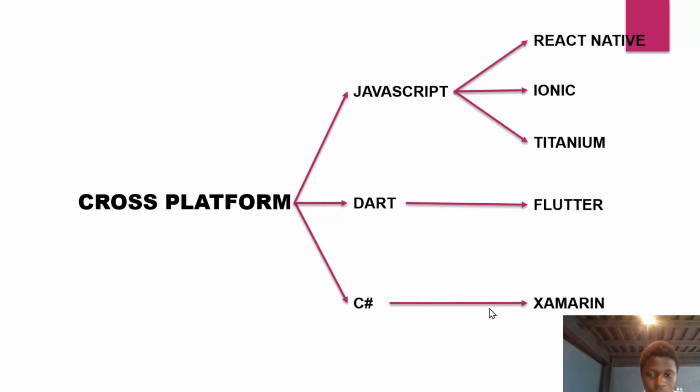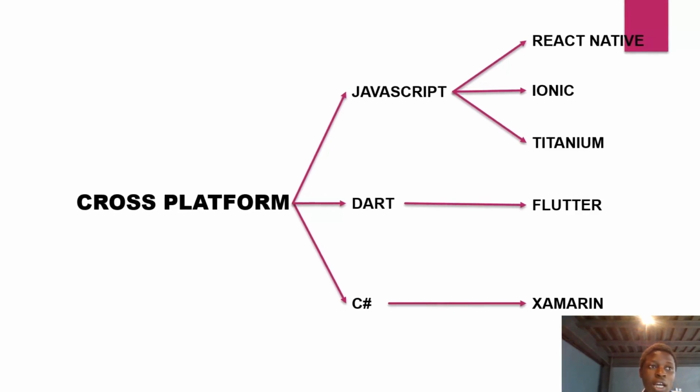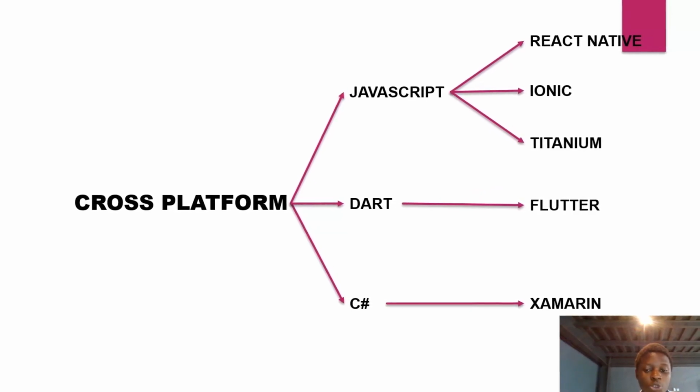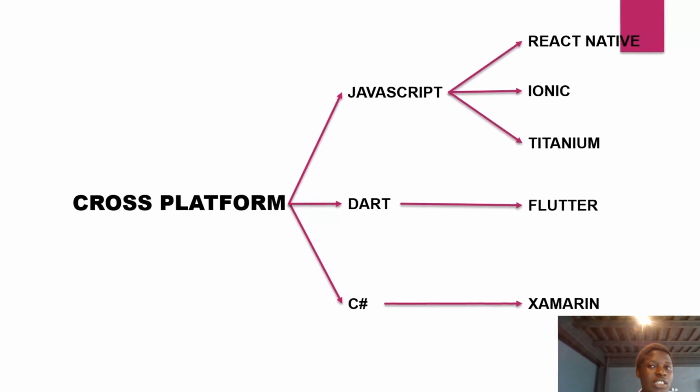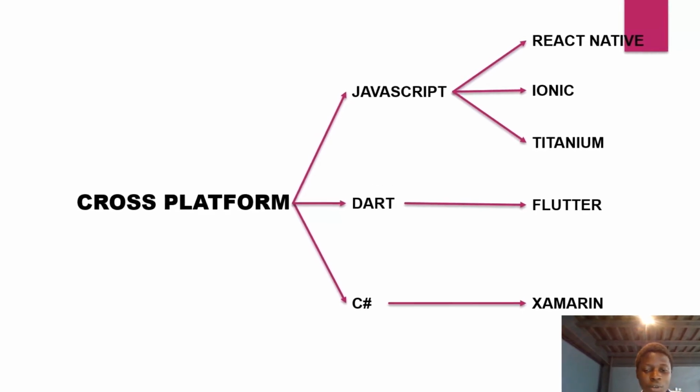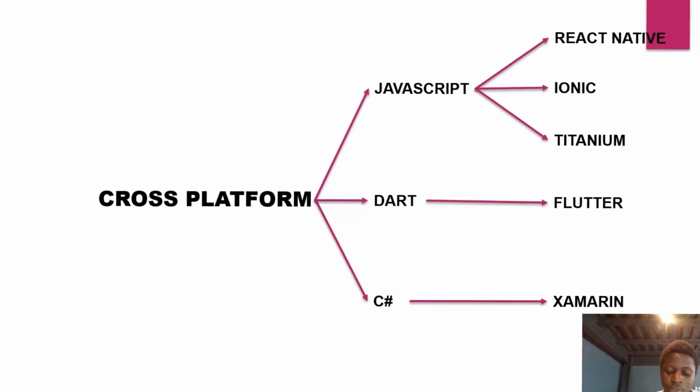C Sharp is owned by Microsoft, and C Sharp is mostly used for writing bank application backends. If you want to go into writing backend applications for banks, then C Sharp is one of the languages you make use of, but inside of it there's a framework for building mobile apps, which is Xamarin.